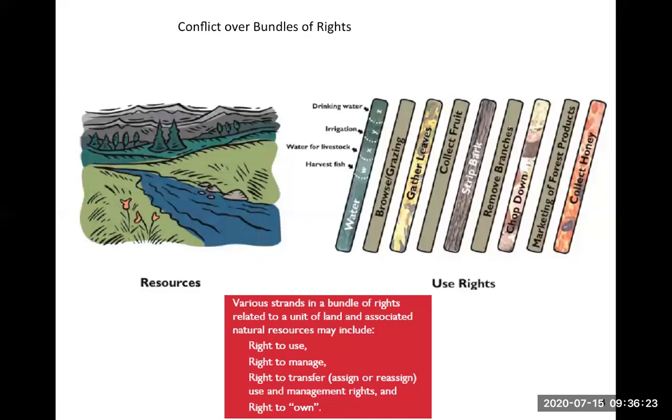Okay, you have to make sure that you provide access to these common facilities, even though you have privately owned a certain space of the land.